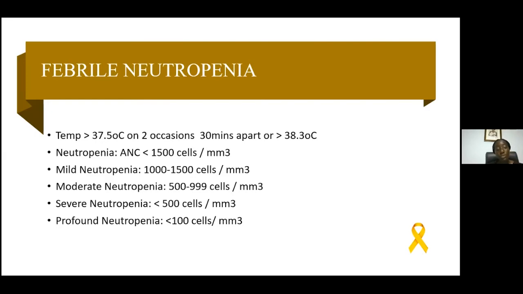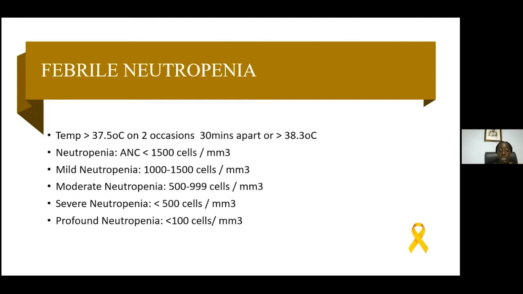So what is neutropenia? It is when the absolute count is less than 1,500, and the child also has fever: temperature more than 37.5 on 2 occasions, 30 minutes apart, or, if you measure at one time, a temperature more than 38.3 in a child who has neutropenia. It could be due to a tumor or a malignancy, so you'd want to assess this child. And these are some of the complications that may lead to mortality if they are not identified and managed.